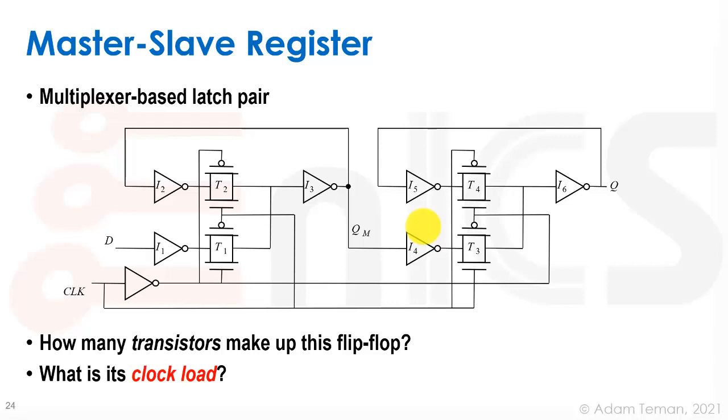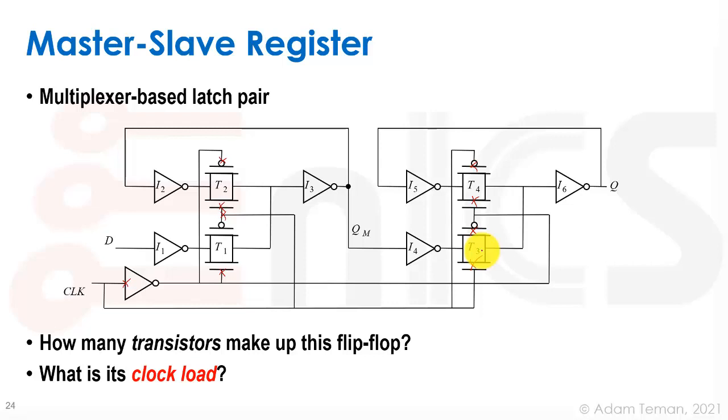But another important thing here is what's the clock load of this type of a thing. You see that the clock input has 2 transistors over here that it has to drive. Then this guy has to drive this transistor, this transistor, this transistor, this transistor, this transistor, this transistor, this transistor, this transistor, right? So we have quite a lot of clock load. We have 8 or 10, depending how you count it, nodes or gates of transistors that we are driving with the clock.